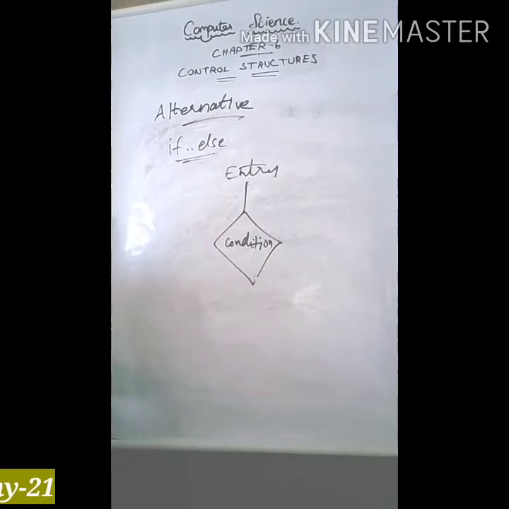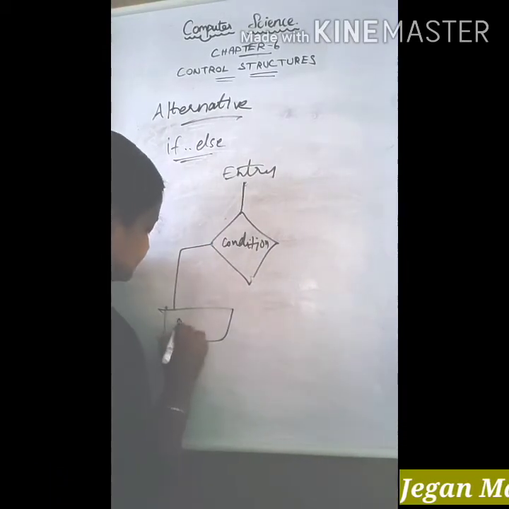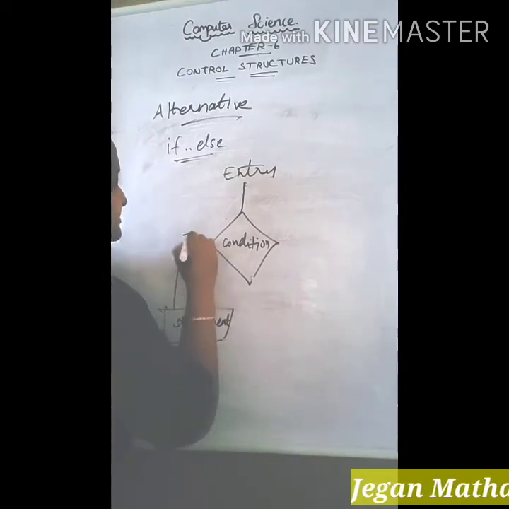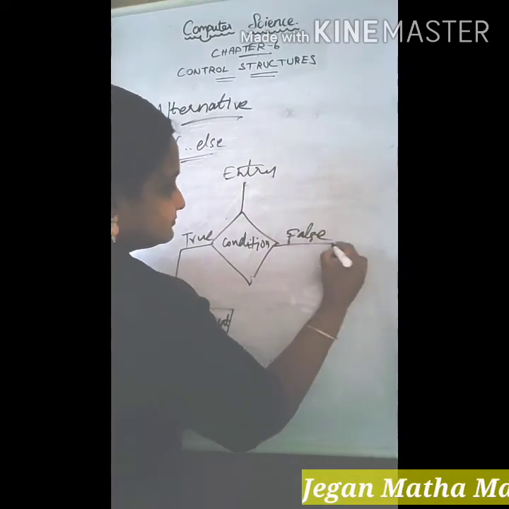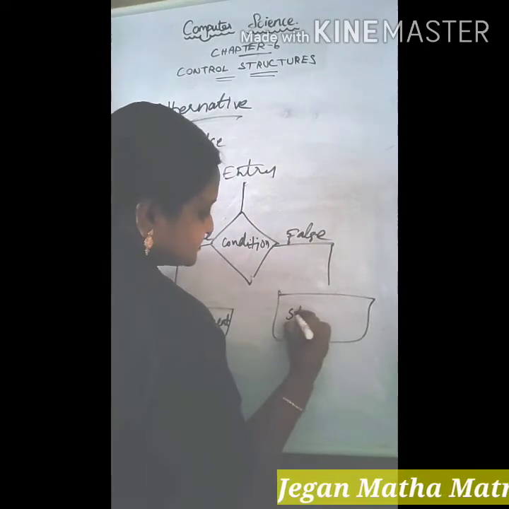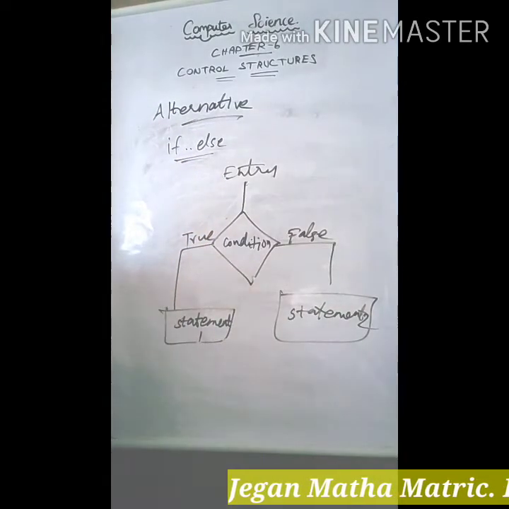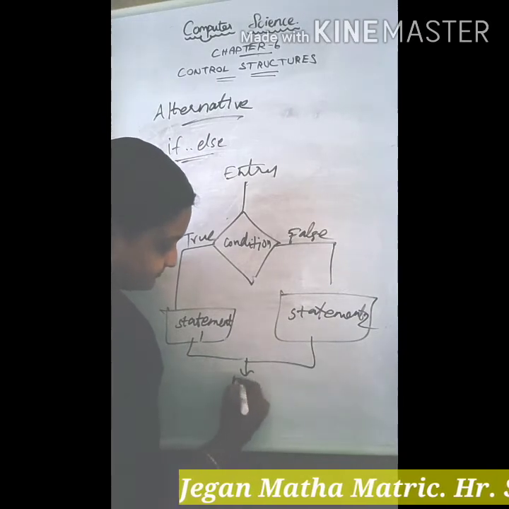If the condition is true, it executes statement 1. This is the true part. If the condition is false, it executes statement 2. Then finally it gives the result.